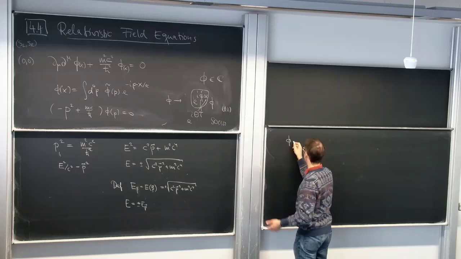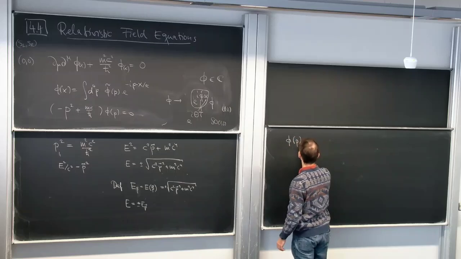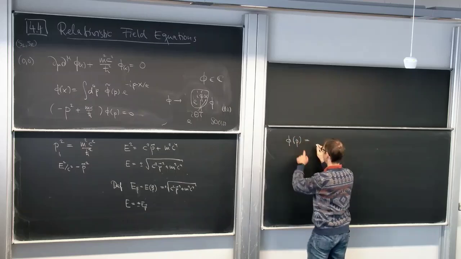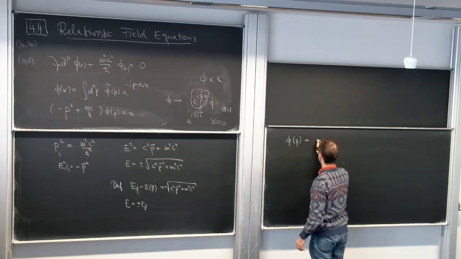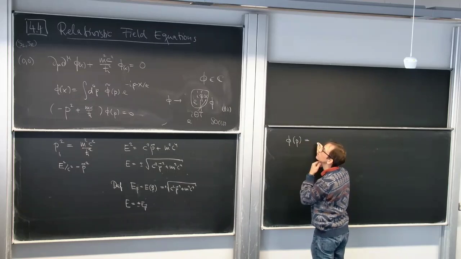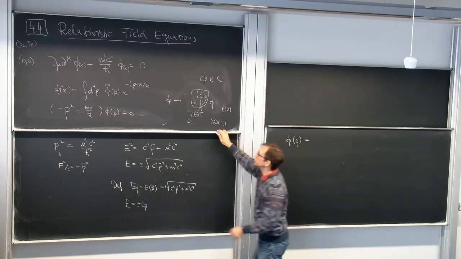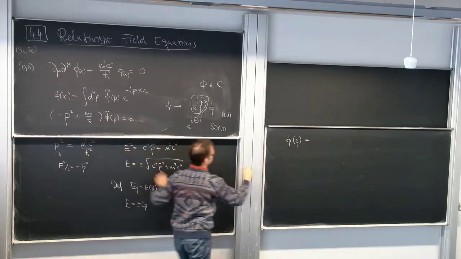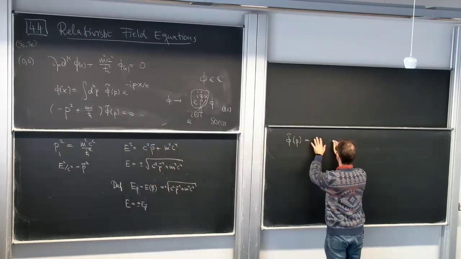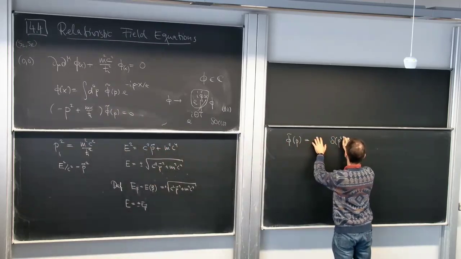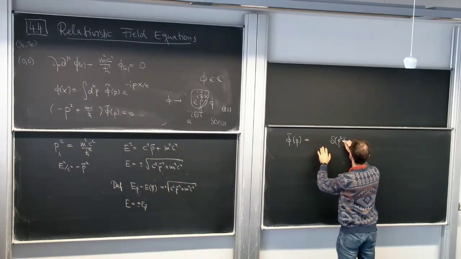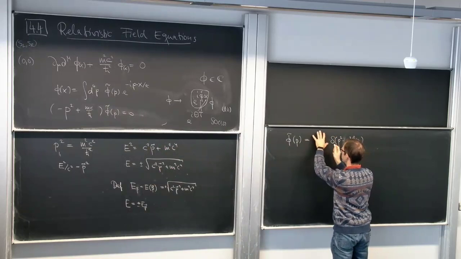So what you really have to do, without jumping any steps, is say this phi of p is some function, and it doesn't have a tilde yet, which is proportional to the delta function of p squared minus m squared c squared over h bar squared, and then we need a name.